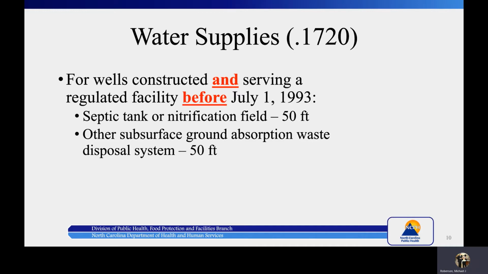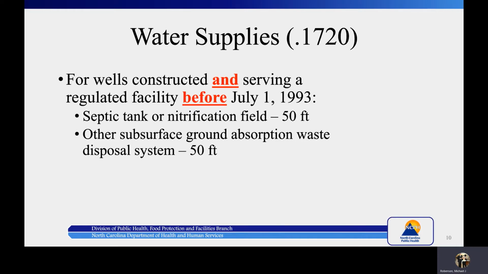The well was drilled back in 1990, and the facility was initially permitted in 1990. We're going to be looking at these setbacks right here. The only thing we're going to be looking for is that the septic tank or nitrification field is at least 50 feet away from the well, and that any other subsurface ground absorption waste disposal system is 50 feet.